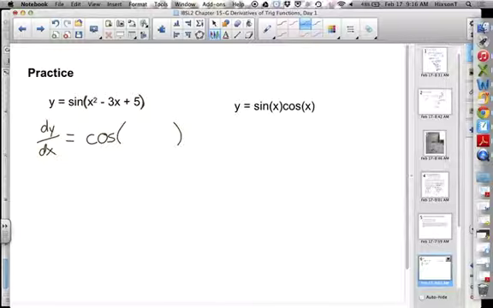The x squared minus 3x plus 5. When you do the derivative of the outer, remember that inner function stays the same, but then you're going to multiply by the derivative of the inner function. 2x minus 3. Exactly, 2x minus 3.